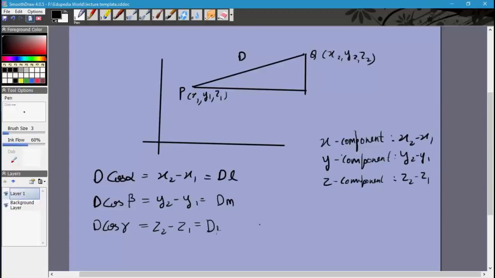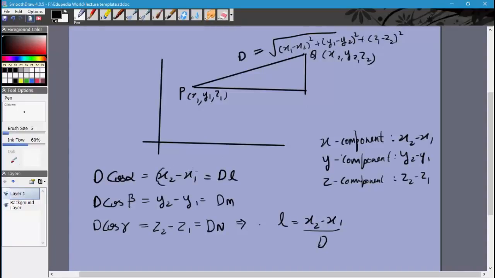Which gives me l is equal to x2 minus x1 by d, and we already know d is the root of x1 minus x2 whole squared plus y1 minus y2 whole squared plus z1 minus z2 whole squared.